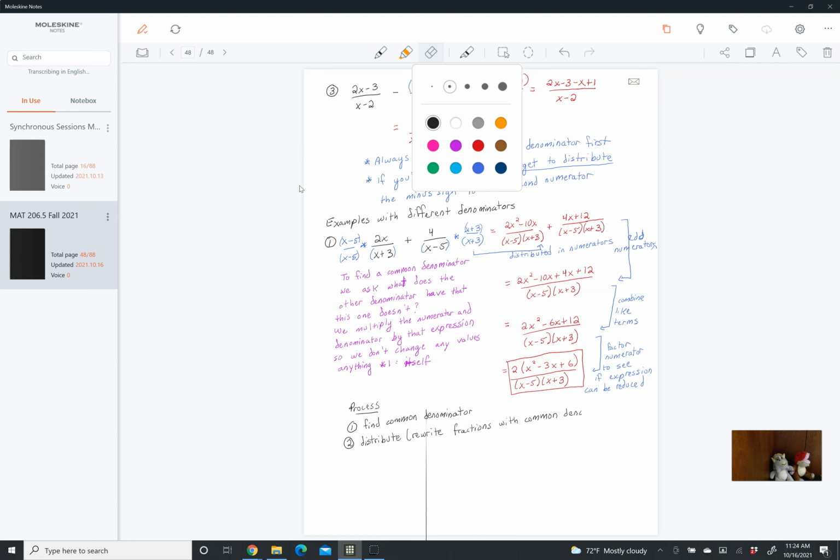So if you're finding the common denominator, that's what we did when we were multiplying by x minus 5 over x minus 5 and x plus 3 over x plus 3. Once we've done that, we add the numerators. And then we're just checking to make sure that we can't reduce the fraction.